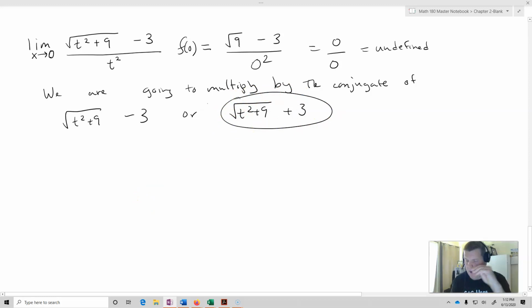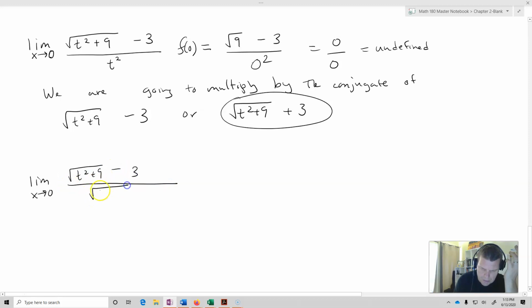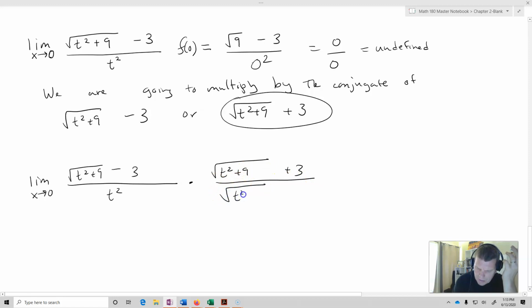This is a very standard trick that we do, not only in algebra, but it's going to come up a lot inside of calculus. By multiplying by the conjugate, we end up finding a difference of squares. So we're going to get the limit as x approaches 0 of the square root of t squared plus 9 minus 3 over t squared, times the square root of t squared plus 9 plus 3 over the square root of t squared plus 9 plus 3.